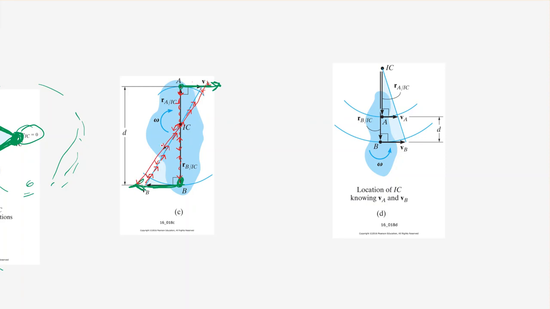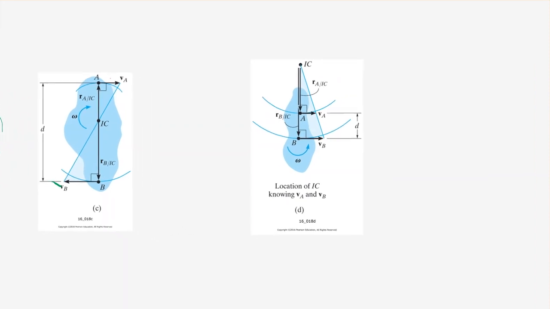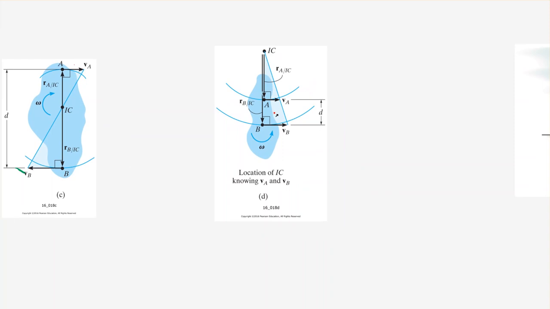And where these two lines intersect, that's your instantaneous center. Sometimes you have to use trig and sometimes you can just use similar triangles. This one says, what if you have v sub b and v sub a on some object like a disk, and so it could be going like this.